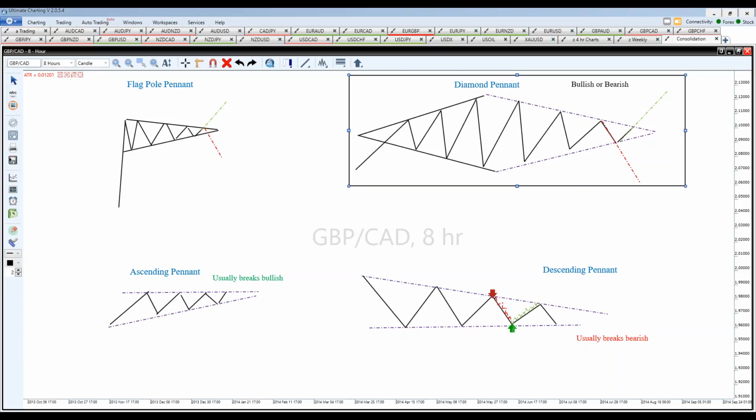Similar to the scenario that we talked about earlier today, if by any chance the market moves back into the consolidation pattern, in this case into the pennant, there is a high probability that the market will be shifting direction, which means that the new trend could be opposite to the direction in which you are trading.